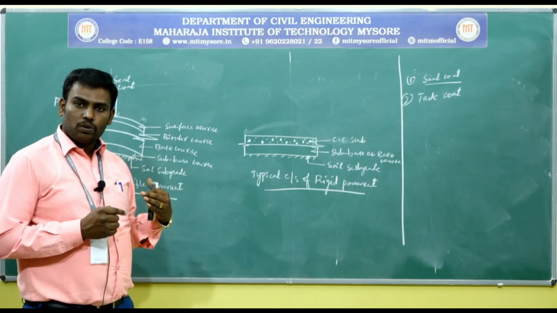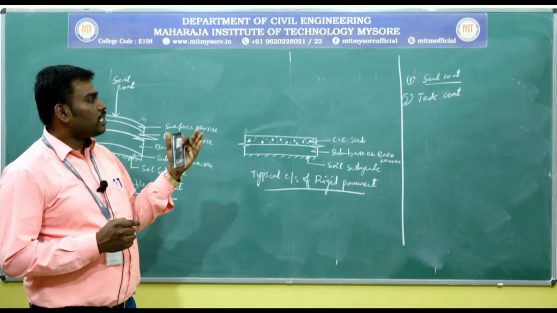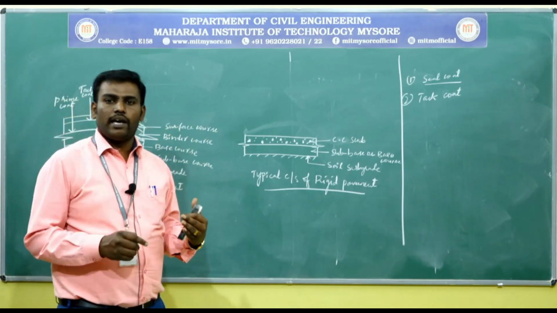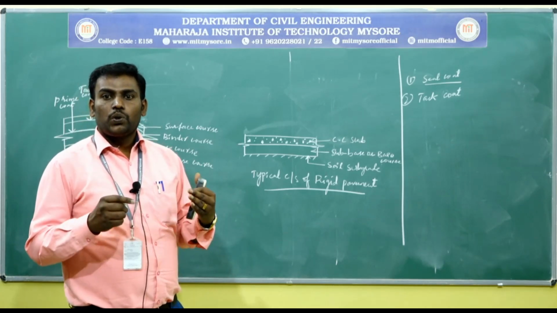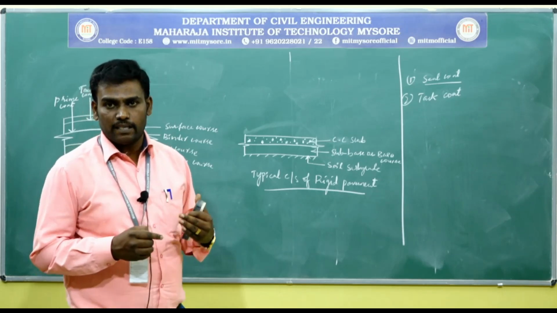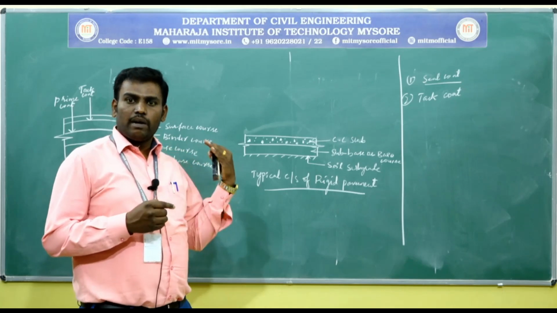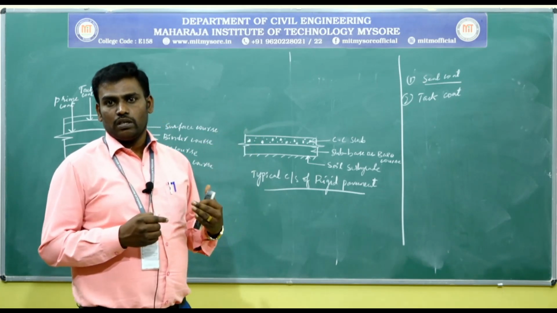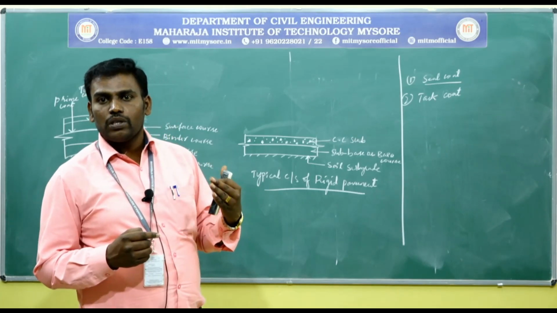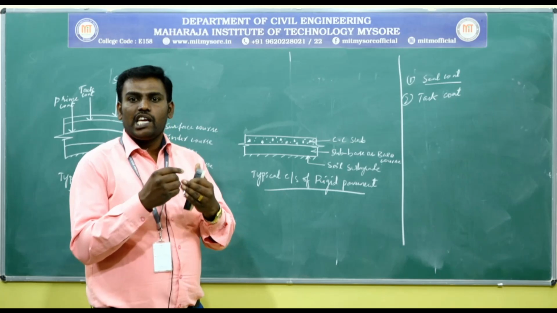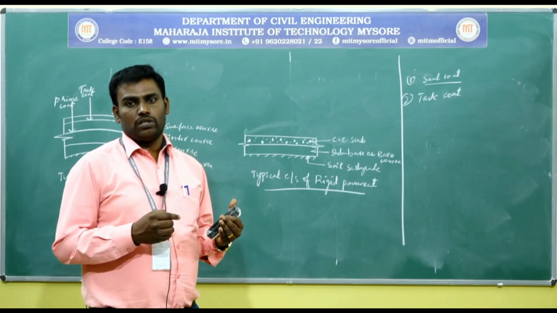The major function of the tack coat is to provide adequate bond between 2 same kinds of materials, meaning 2 bituminous layers. One is binder course, another is surface course. So the tack coat is applied above the binder course to get adequate bond between binder course and surface course.